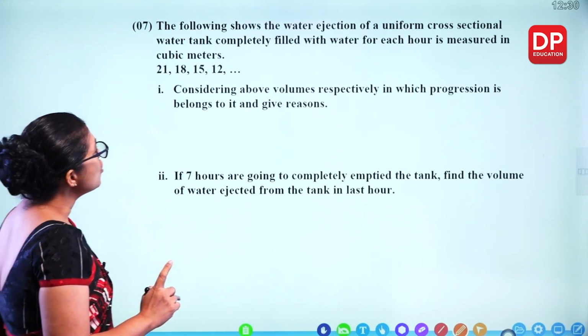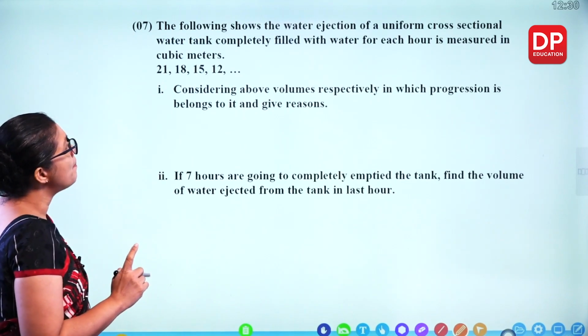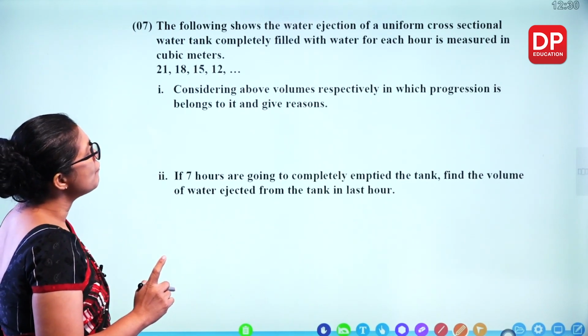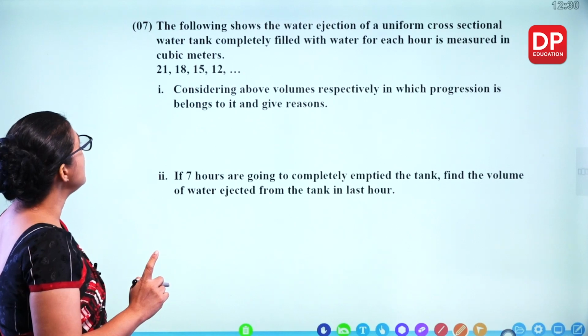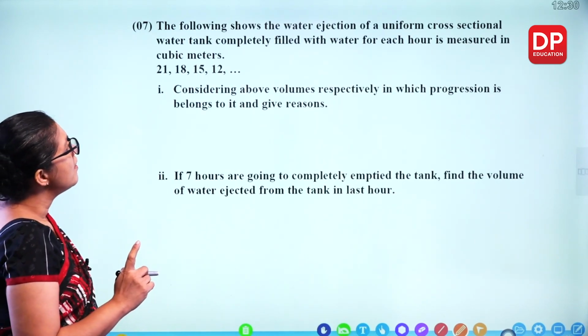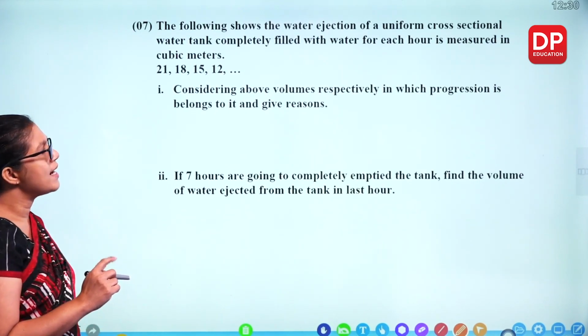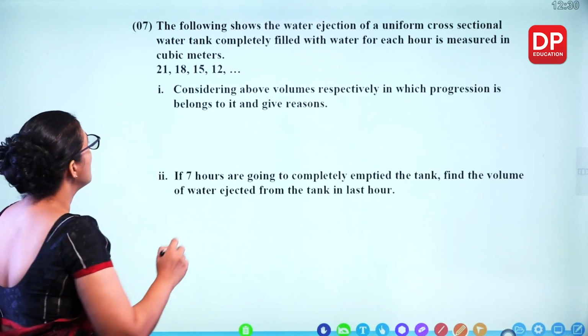The following shows the water ejection of a uniform cross-sectional water tank completely filled with water, for each hour, measured in cubic meters. Consider the above volumes: which progression do they belong to? Give reasons.